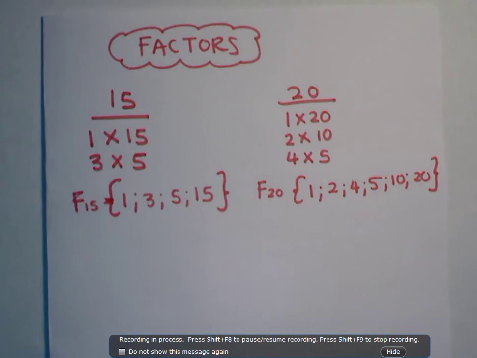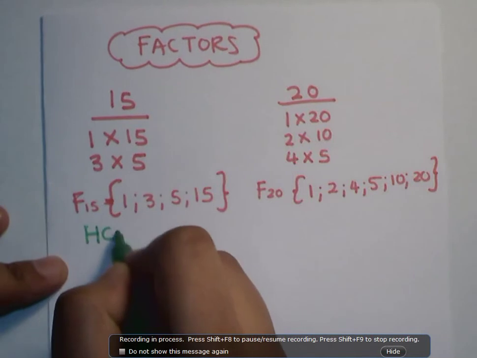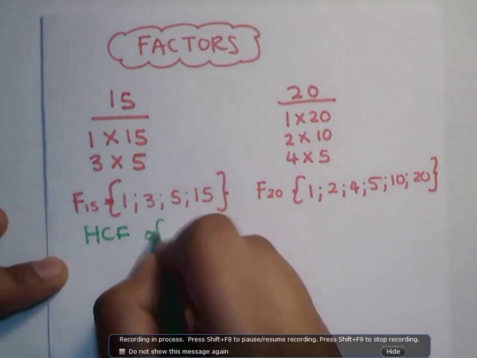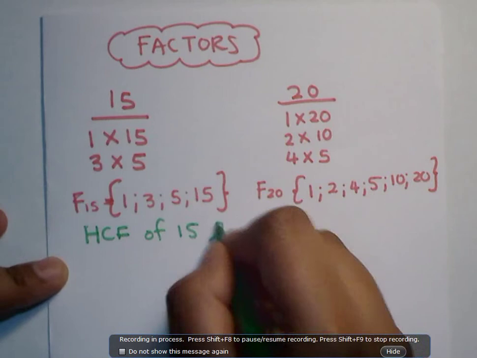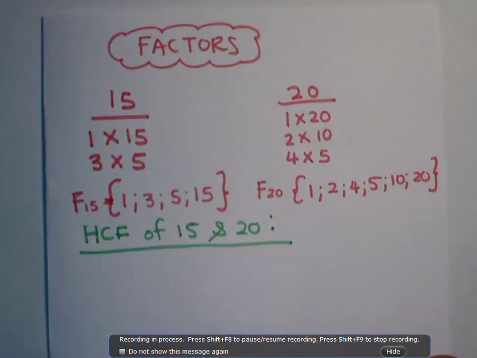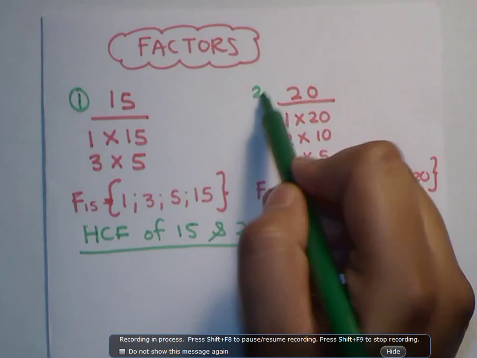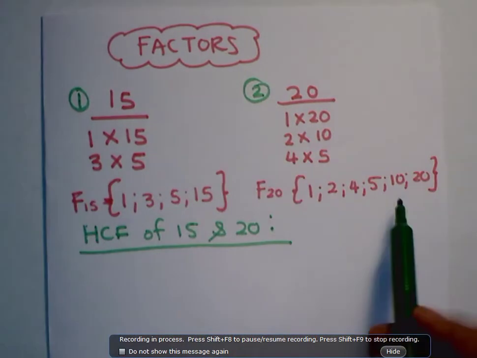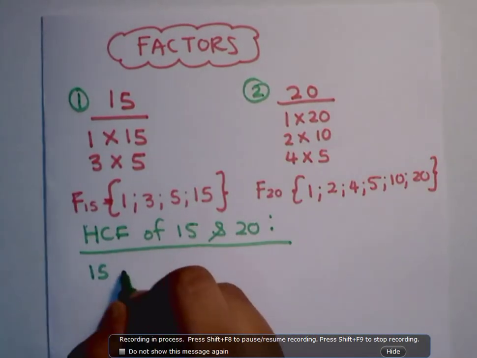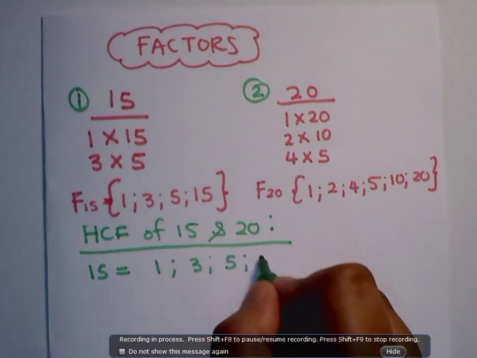Now, what happens if they tell me find the HCF? Find the HCF of 15 and 20. So when you have to find the HCF of 15 and 20, you will do step number 1 and step number 2, which is basically this. I'll say 15, the factors are 1, 3, 5, 15.